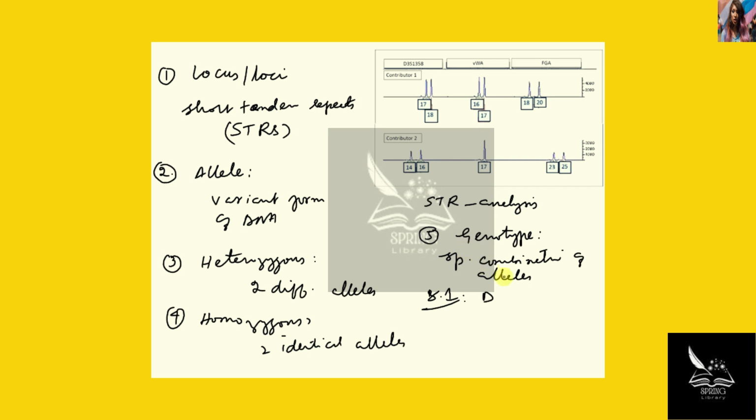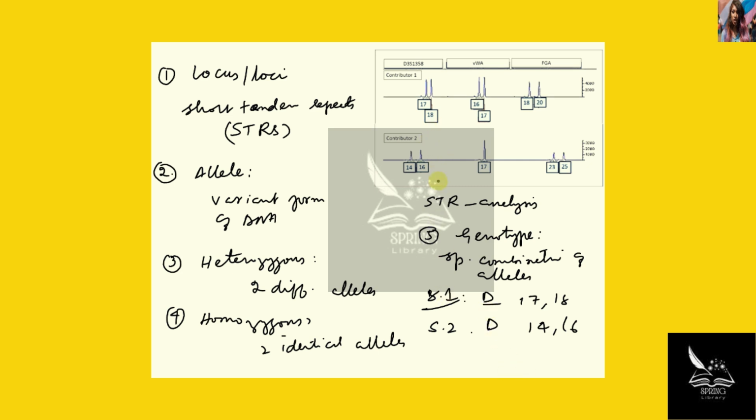For suspect 1 at the D locus, it has alleles 17 and 18, and for suspect 2 under the locus D, it has 14 and 16 alleles at the same locus as that of suspect 1.